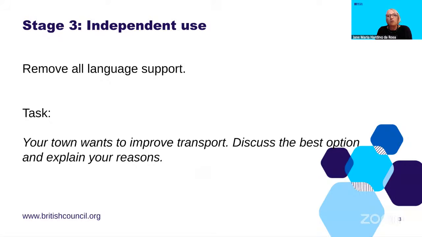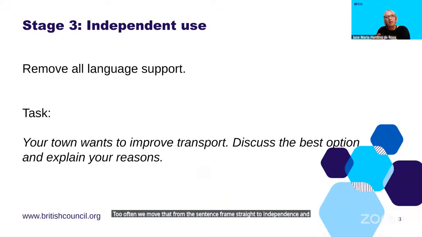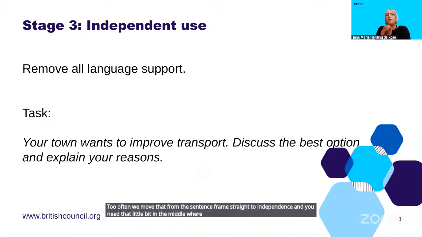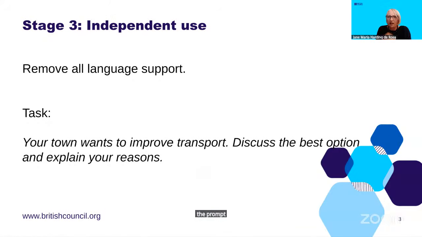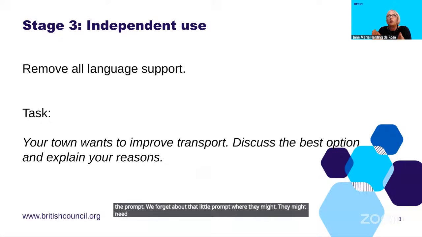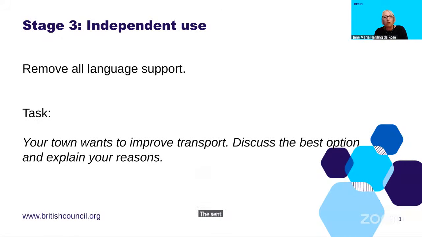I think too often we move from the sentence frame straight to independence, and you need that little bit in the middle where this is the prompt. We forget about that little prompt where they might need it because we've just gone straight from the sentence frame to trying to do it independently.